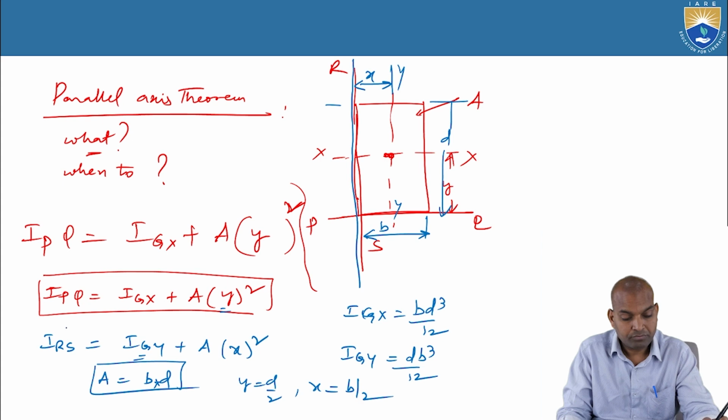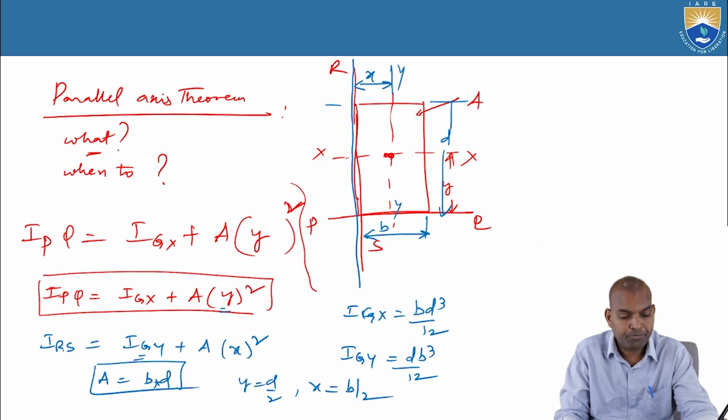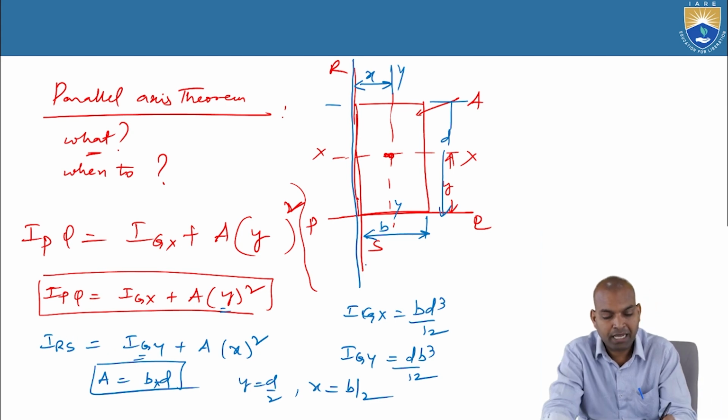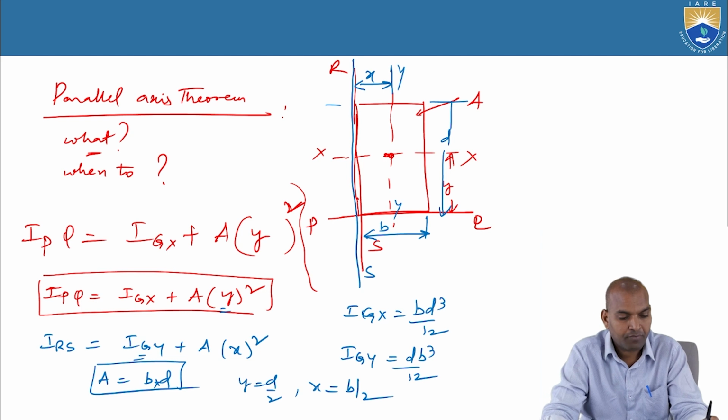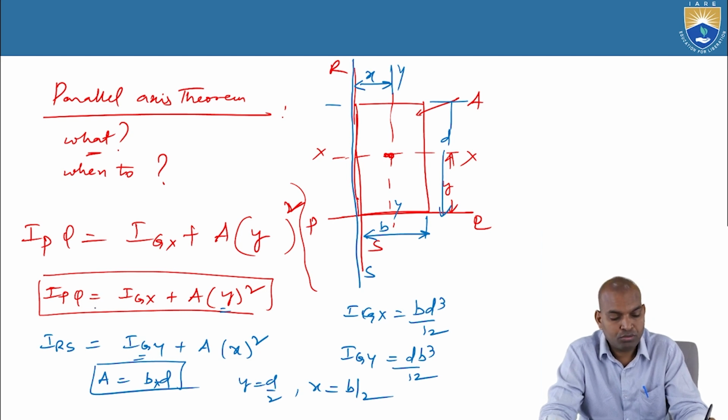So this is the parallel axis theorem: IRS equals IGY plus A times x square, and IPQ equals IGX plus A times y square.